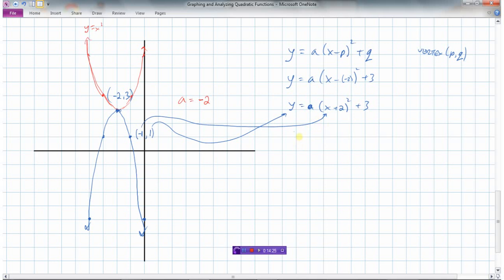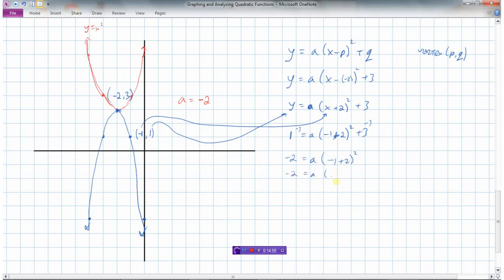And so y is 1, a we're trying to find out, x is -1, plus 2 squared, plus 3. And now the only variable I don't know in here is a, so all I need to do is isolate that. So I'm going to subtract 3 from both sides. That's -2 equals a times (-1 plus 2) all squared.